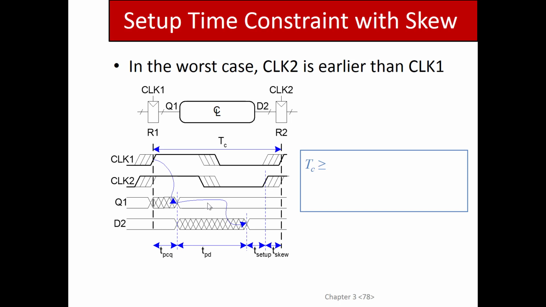Depends on where the clock is coming into the chip. Where is the clock source? The way that you place these registers on the chip may put this register closer to the clock source, meaning that his edge may come before this guy's edge. So if that happens, you have to add the skew when you calculate the propagation time, and thus when you're doing your setup time calculations.